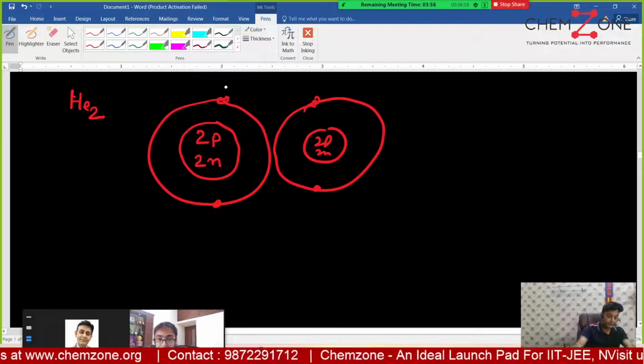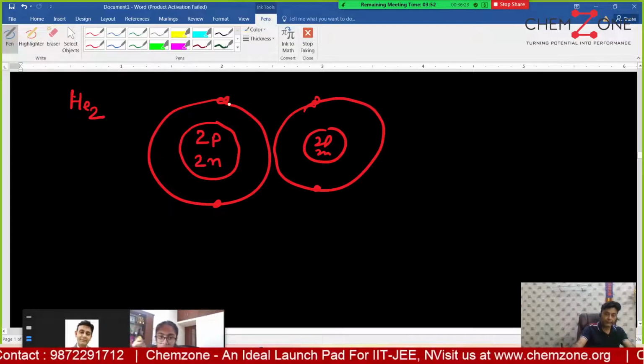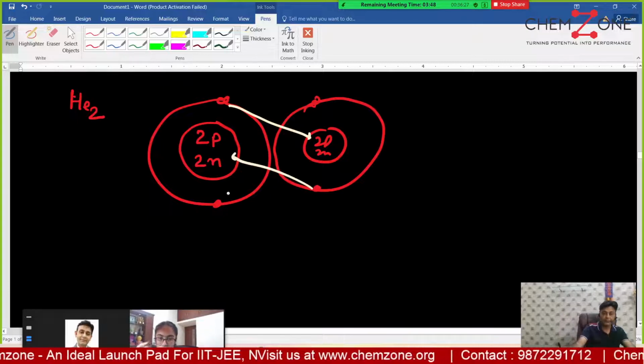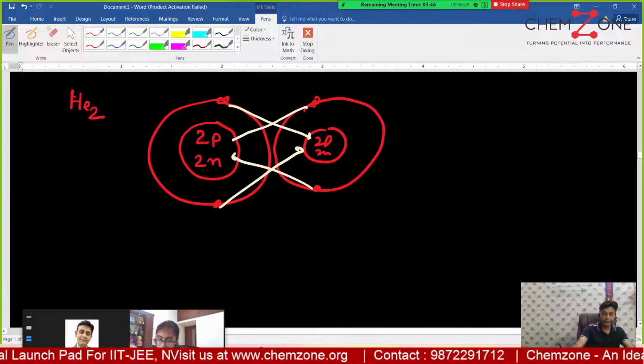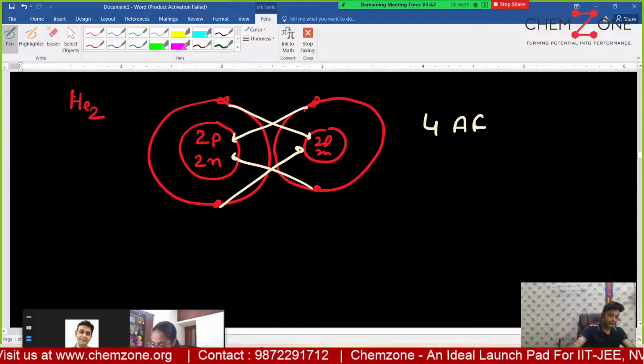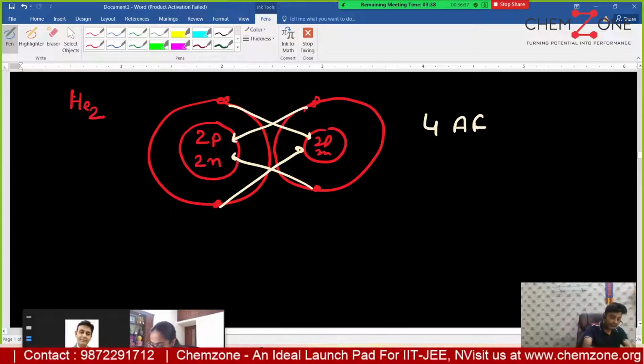From the electron to the nucleus of the other atom, one attraction, second electron, third, and four. There are four attractive forces.